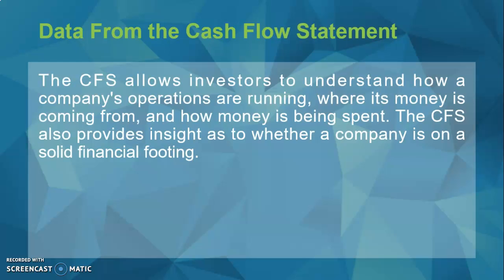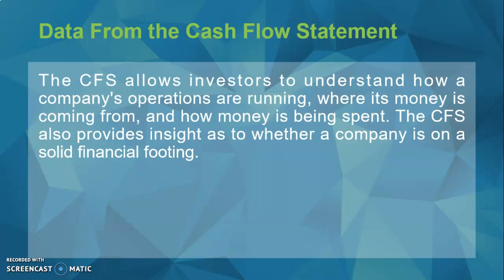The cash flow statement allows investors to understand how a company's operations are running, where its money is coming from, and how much money is being spent. It also provides insight as to whether a company is on a solid financial footing.